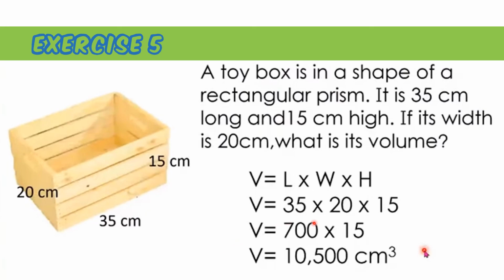The length is 35, the width is 20, and the height is 15. 35 times 20, what is the answer? 700 times 15. When you multiply 700 times 15, that gives us 10,500 centimeters. And again, do not forget to write the 3 pagkatapos ng cm. This is read as 10,500 cubic centimeters.